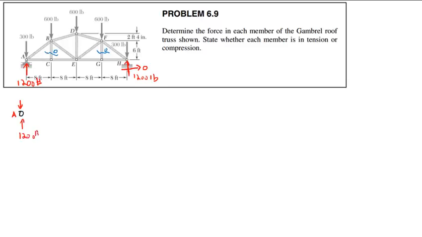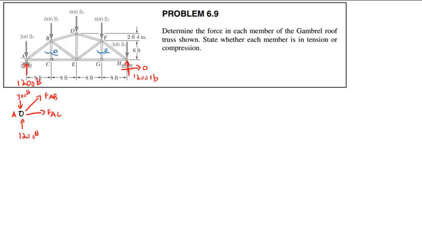1,200 pounds. And then I'm going to have 300 pounds, FAB and FAC. However, didn't you say you can cancel out those zero force members?